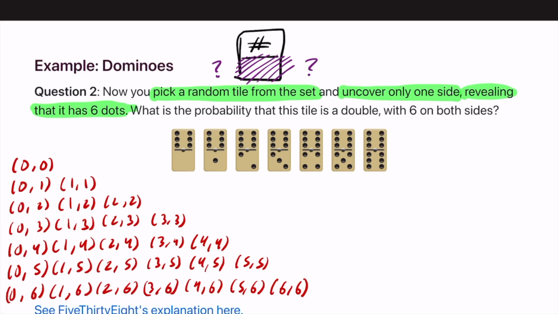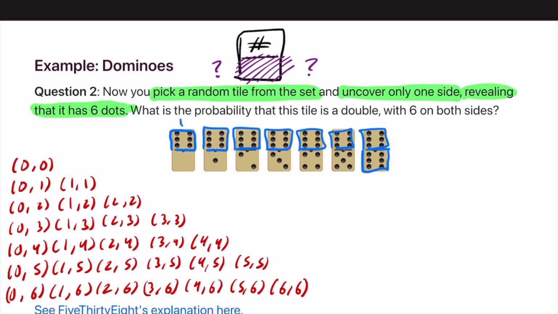So already we're not dealing with a probability space anymore of 28. We're dealing with a much smaller probability space. In actuality, we're dealing with this, and this, and this, and that, and so on, and so forth.